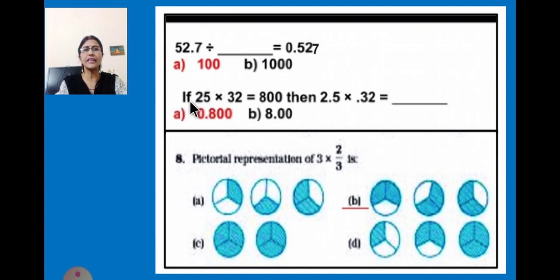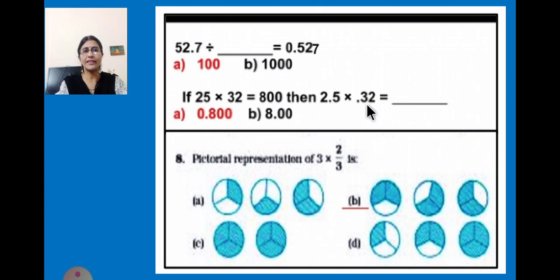Similarly, one more question. If 25 into 32 is equal to 800, then 2.5 into 0.32 is equal to dash. Options are 0.800 and another one is 8.00. Here you can see 25 into 32 is 800. Here one decimal place is there and here 2 decimal places.